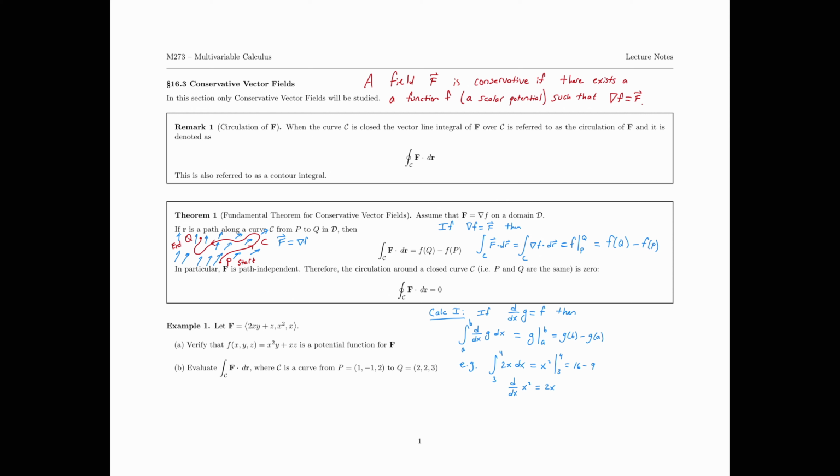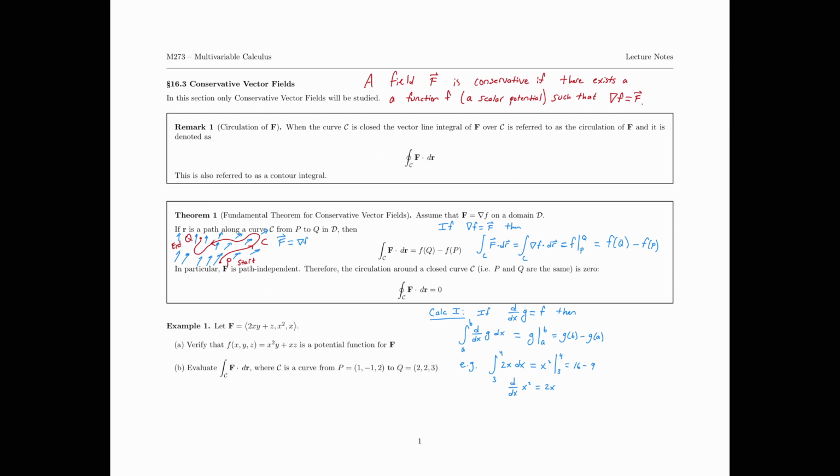A circle's a closed path. Maybe something that loops underneath of itself. That's a closed path. Anytime the endpoints are the same, that means your path is closed. And if your path C is closed, then you can, if you so choose, put this little red circle in the middle there. And that communicates to the reader that this path C is closed.